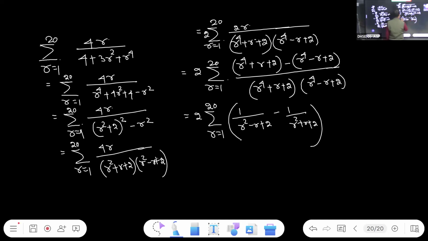So the higher function should get the higher value and the lower function should get the lower value. So 2 times, if you put r is equal to 1, this will be 1 by 2, minus, if you take r is equal to 20, 422.